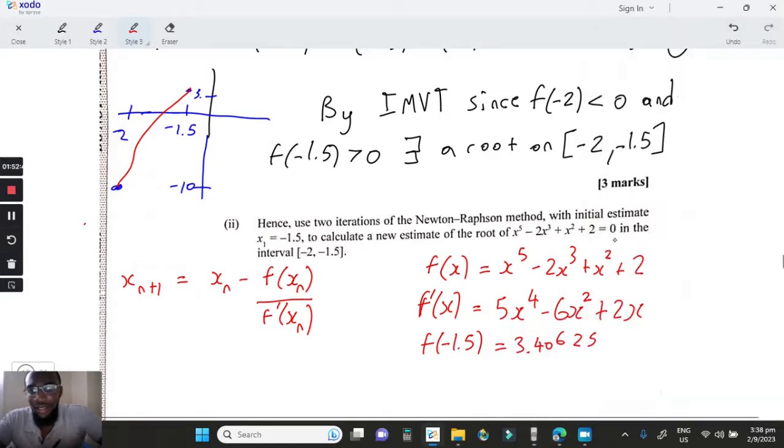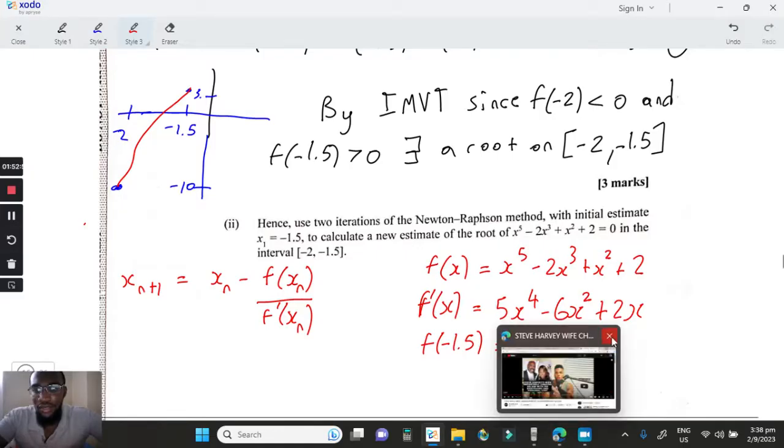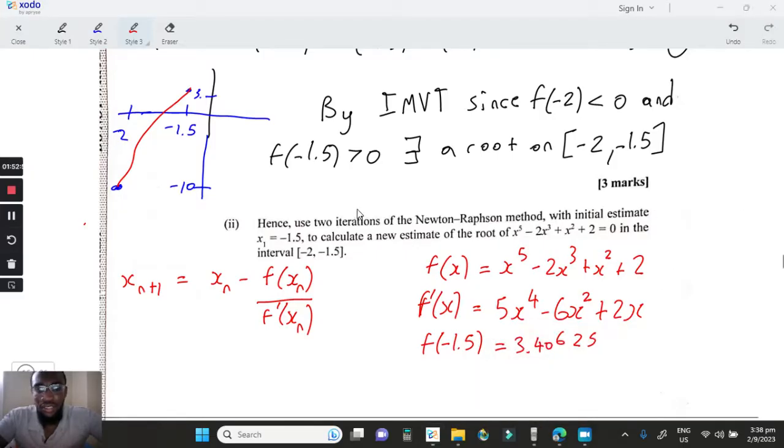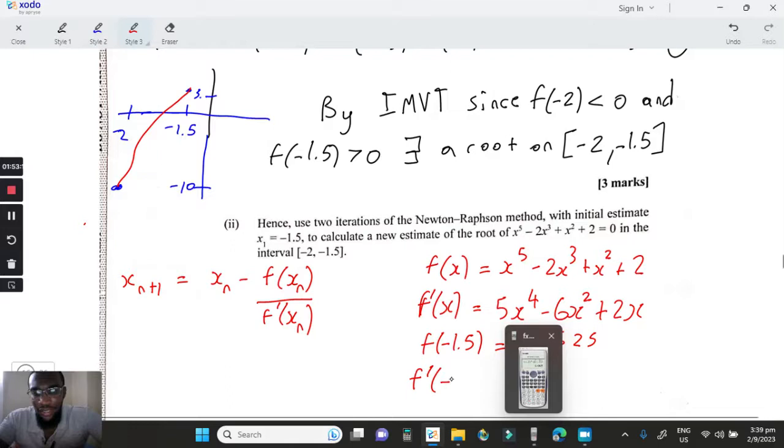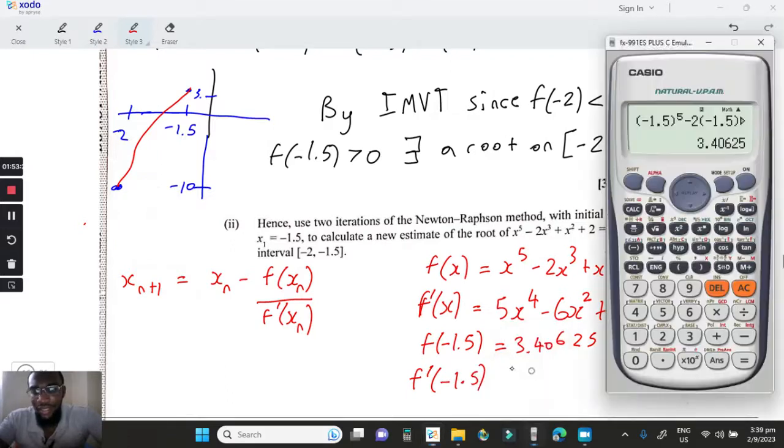And then finally, right here, the derivative we need to put in. I can't bother working it out so much, man. That's a lot. I'm just going to put it in the calculator, guys. Please just bear with me. I'm just using the calculator, all right?